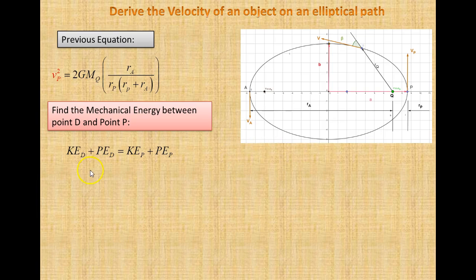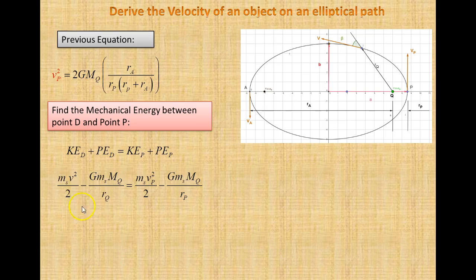Now, previously, you remember we had found the mechanical energy between apoapsis and periapsis, and that involved the radius vectors RA and RP. Well, now we want to find the mechanical energy between points D and P. The radius vector between Q and P is RP, and that remains the same. But the radius vector between Q and D becomes different.